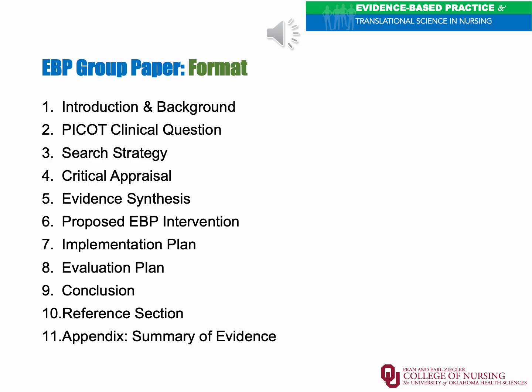The next part would be your conclusion. Basically, here you need to highlight the expected impact of your proposed practice change and its implication for advanced practice nursing. Of course, the reference section should be provided using the 7th edition APA format, and part of your appendix, most importantly, would be the summary table of articles reviewed.